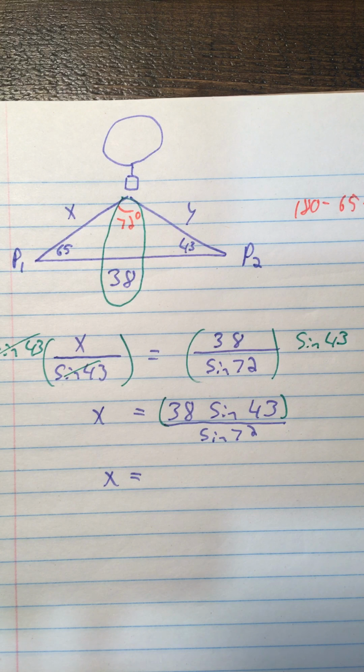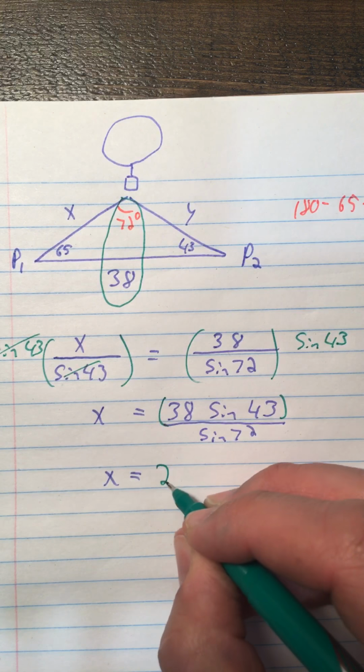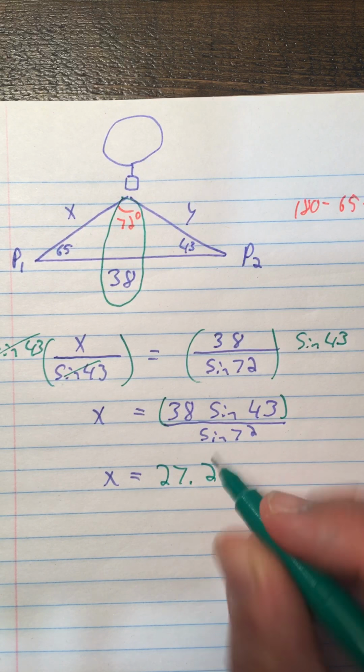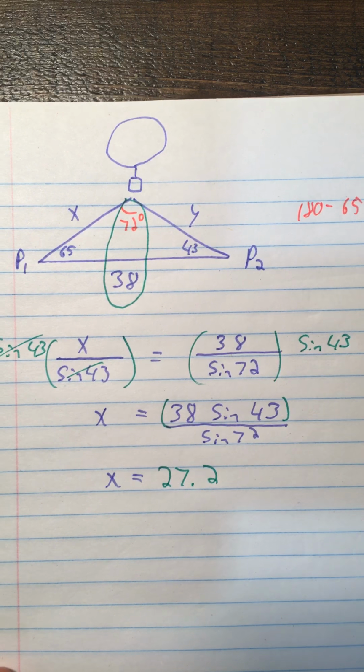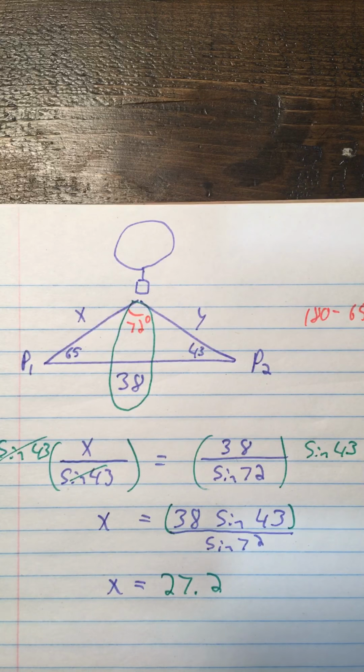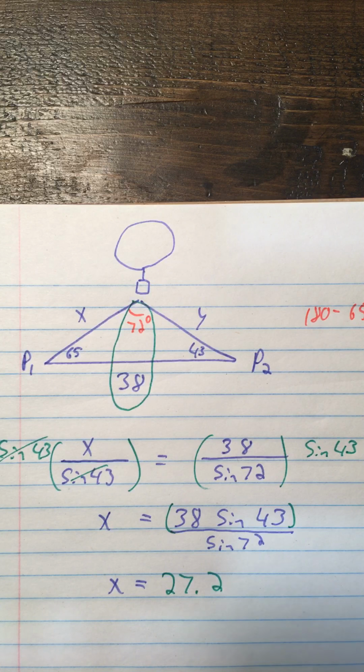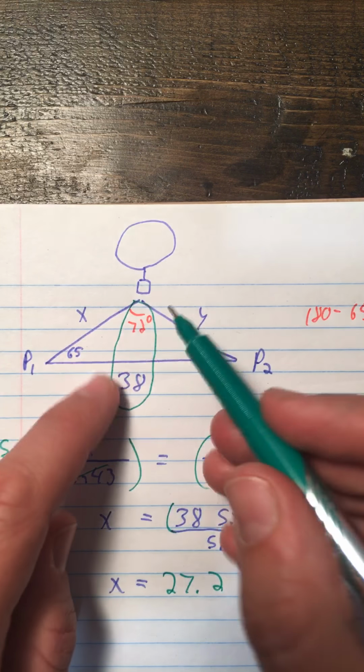Just generally looking at that, 27.2 makes sense to me. If it was 39, I would know it would be incorrect because angle 72 opens up to 38. So therefore 43 is going to have to open up to a smaller side. So that side right there is 27.2.